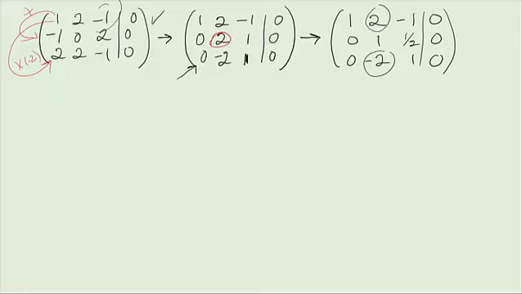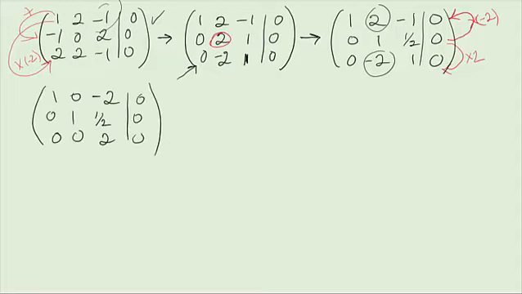So I will then multiply the second row by -2 and add it to the first row, and I will multiply it by +2 and add it to the third row. The second row stays the same. And we get this matrix.